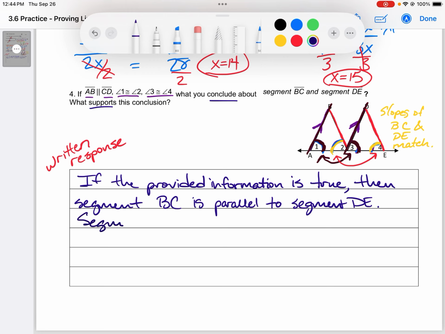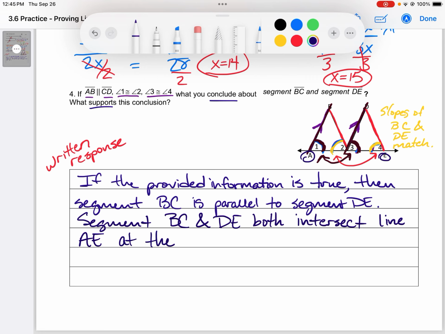So I could say segments BC and DE both intersect line AE, right there, A to E. They both intersect line AE at the same angle.